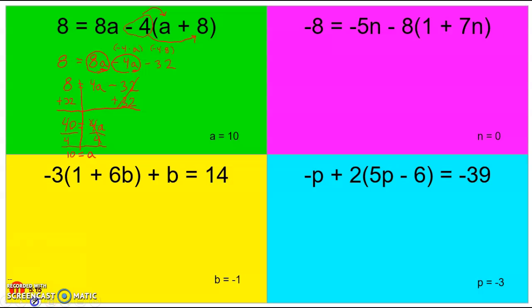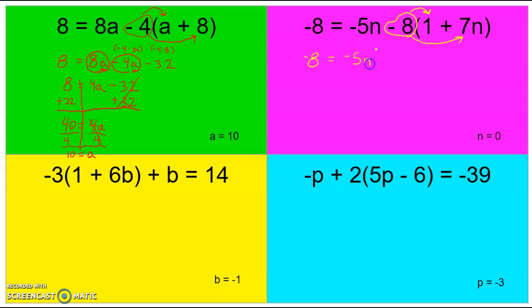All right, so if we're dealing with the parentheses first and we're going to distribute, we're going to take this -8 and multiply it into the parentheses, one term at a time. So this number 1 has been multiplied by -8, and 7n has been multiplied by -8. If we rewrite this out, this would be -8 is equal to -5n.